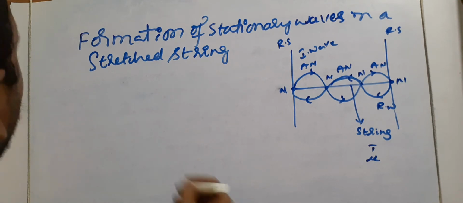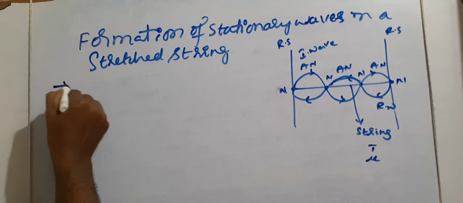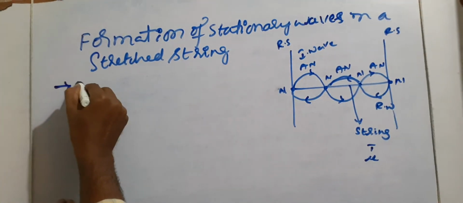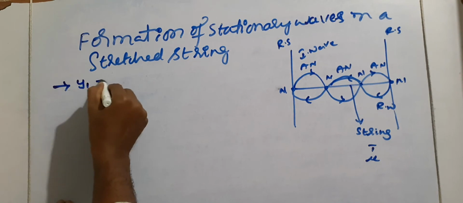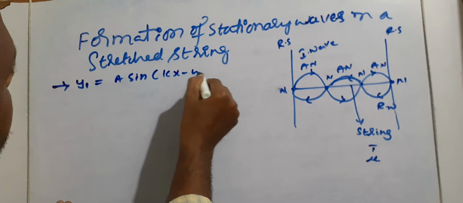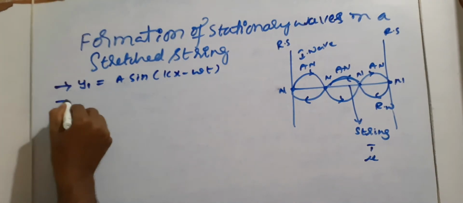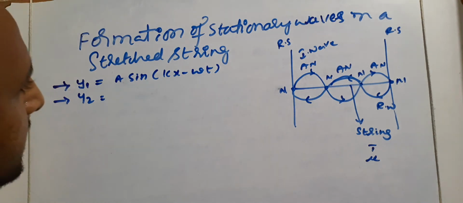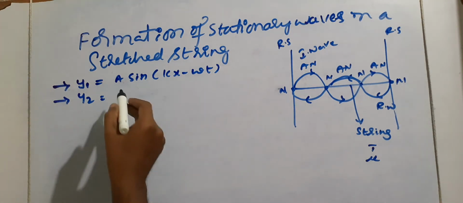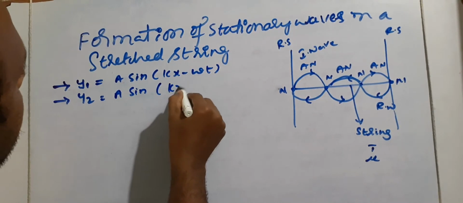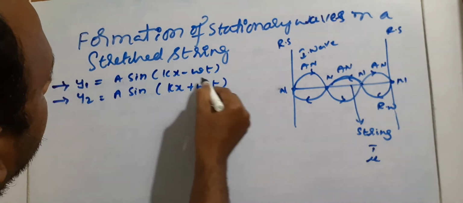You know the displacement of the particle due to the incident wave is given as y1 equals a sine of kx minus omega t, and y2, the displacement of the particle due to the reflected wave, is given by a sine of kx plus omega t.